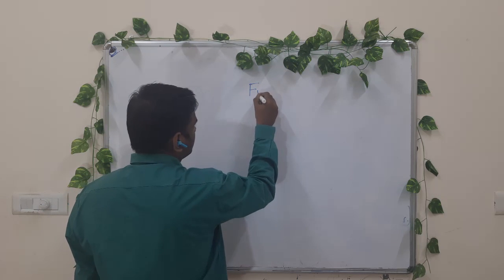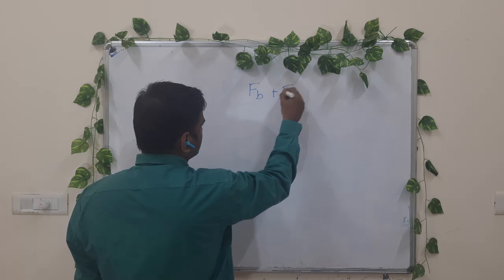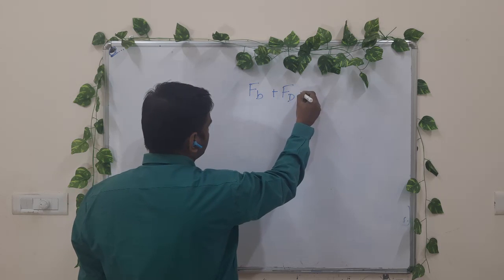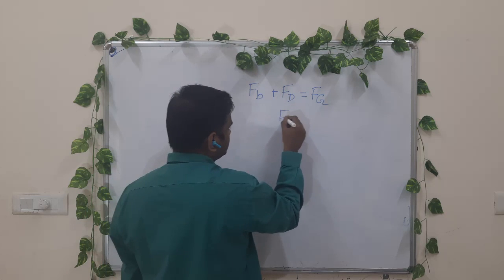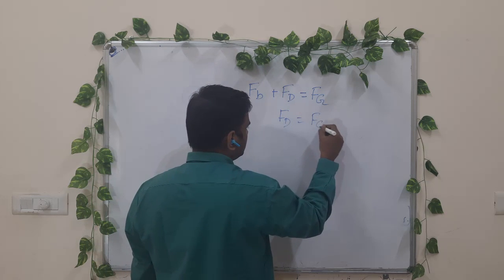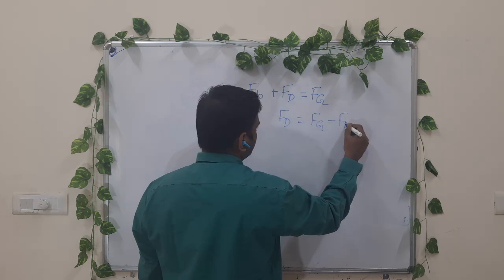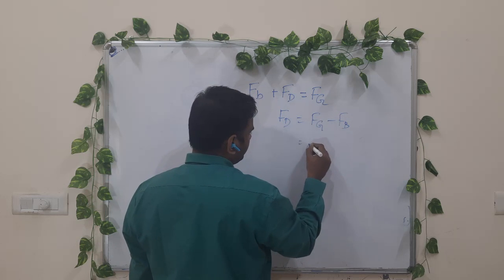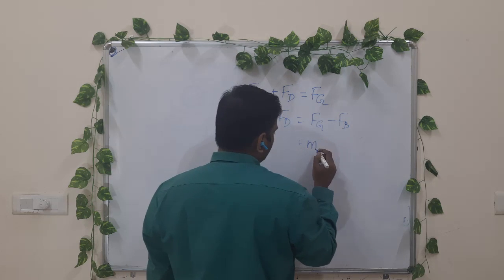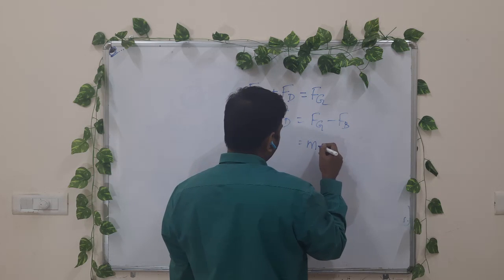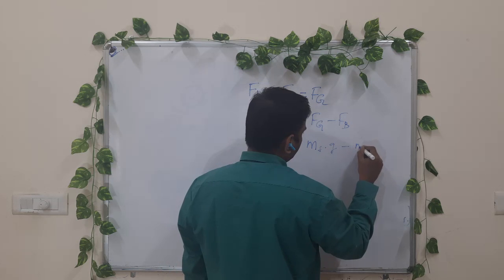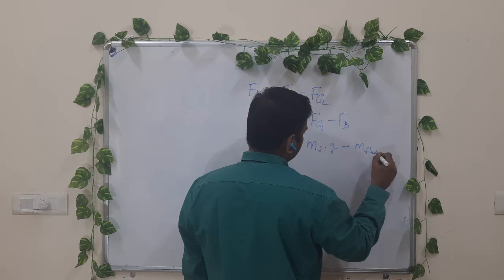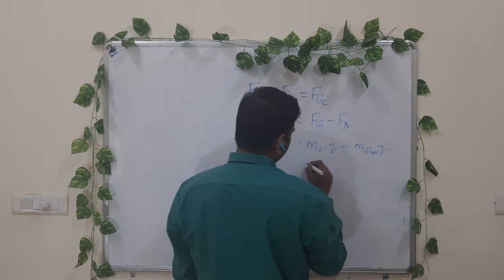So we have buoyancy force plus drag force is equal to gravity force. So we can say Fd equal to Fg minus Fb. Okay, what is Fg? It's the gravity force, so mass of the float into g minus mass of the fluid replaced into g.